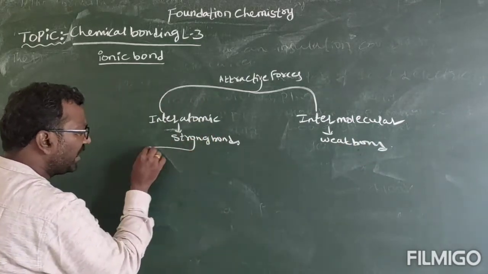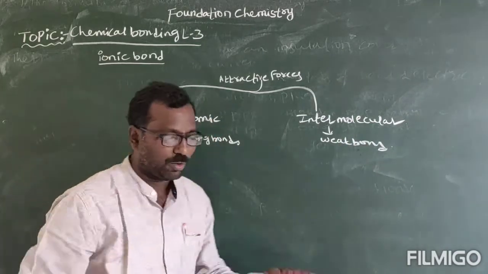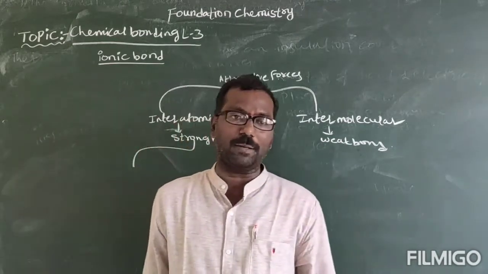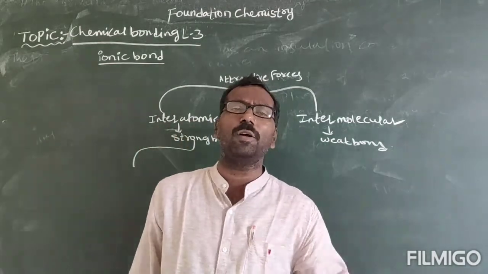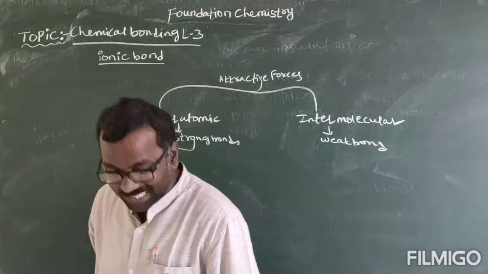Among interatomic bonds, we have four types: ionic bond, covalent bond, coordinate covalent bond, and metallic bond.